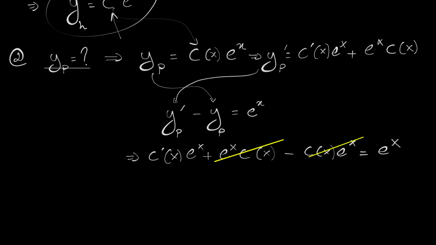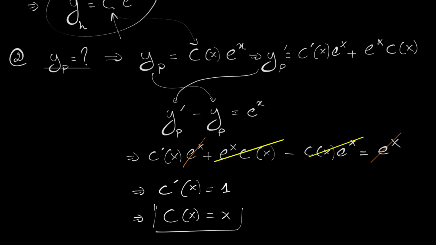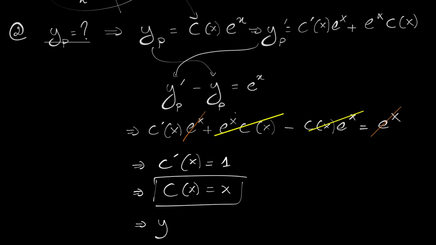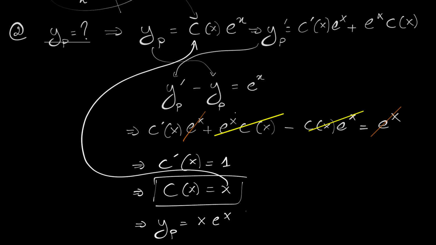Here we cancel this, and we write c prime of x equals 1, because here we can cancel this by this. Then c of x equals x. Now our particular solution is x times exponential of x.